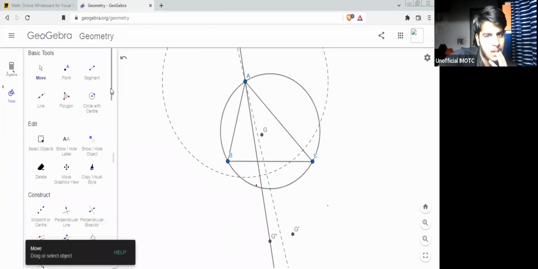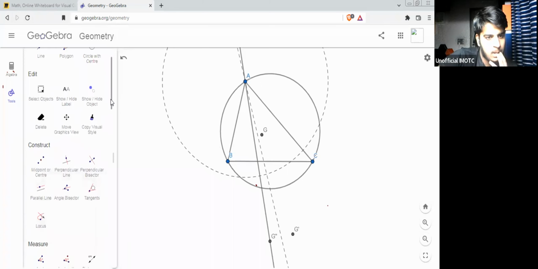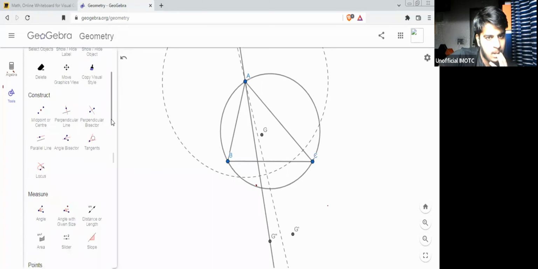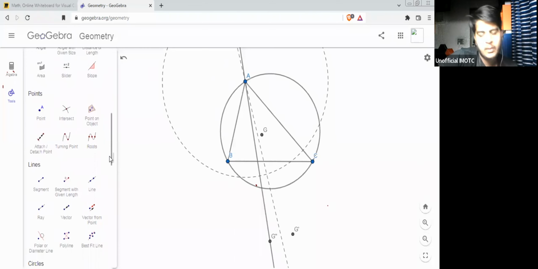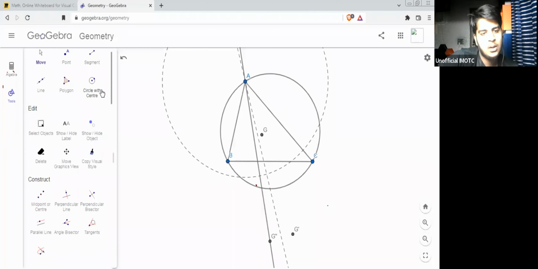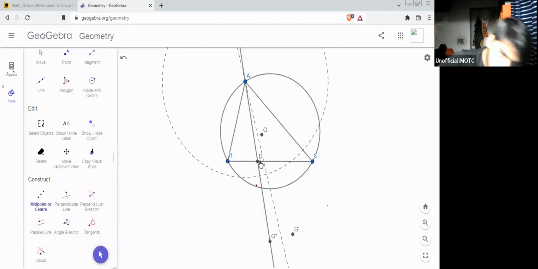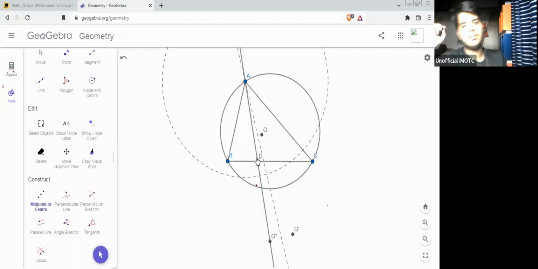Okay. We know it lies on the median. Let's take the midpoint of this. Oh, right. It's the reflection over this. Can we prove this?